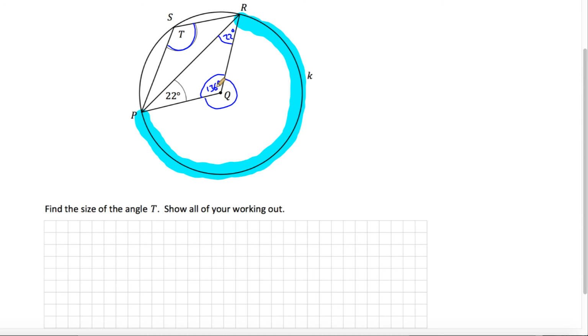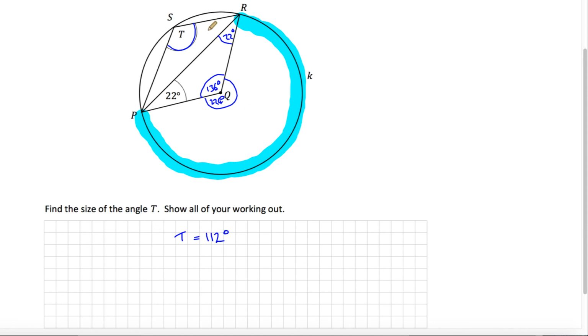And if this is 136 degrees, well, the angle outside here, both of them must make 360. So 360 minus 136 is 224. So this angle out here is 224 degrees. And if this is 224, well, the angle T is half that, which is 112 degrees. So the angle T is equal to 112 degrees.